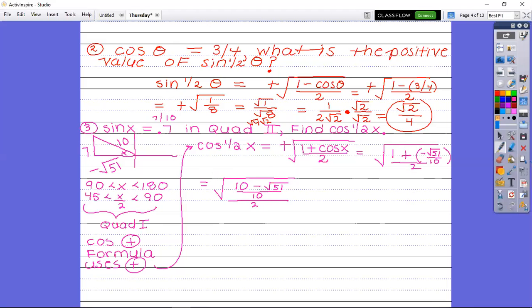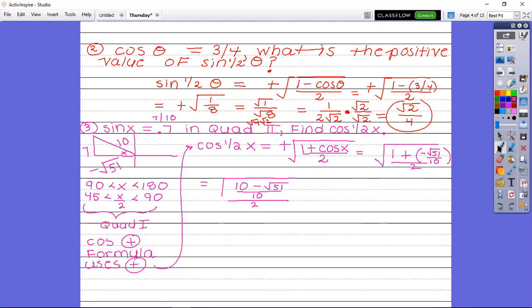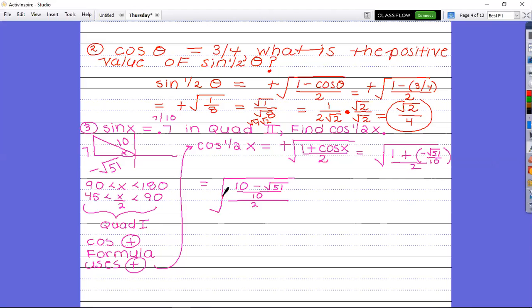And this root goes the whole way. It's just sometimes hard to anticipate how big to draw it. So let me extend this a little bit bigger. Make sure your root goes over the whole thing. There we go. Now, what I'm going to do is keep, change, flip, okay? So here's my numerator. And my denominator is technically 2 over 1.